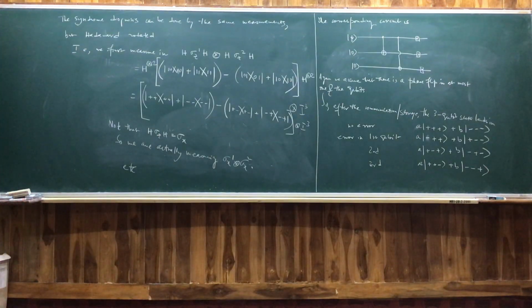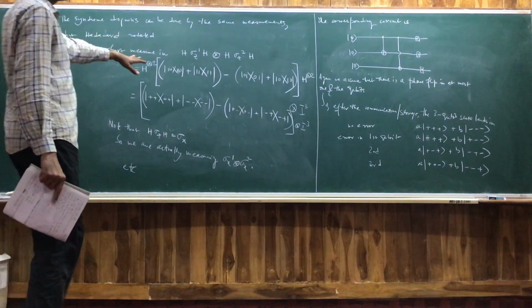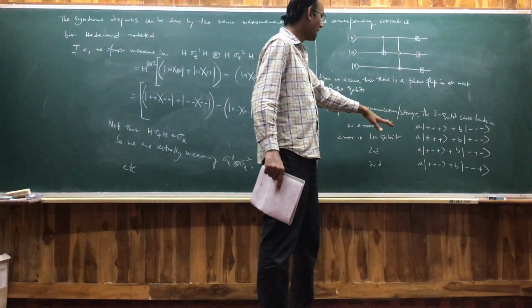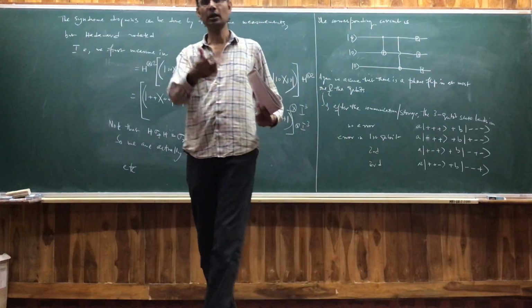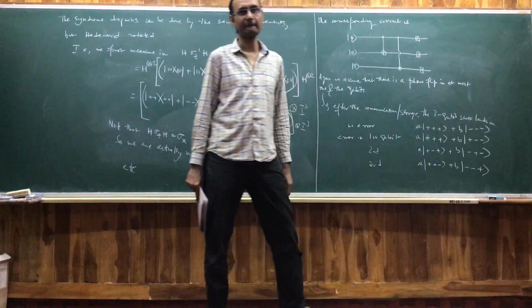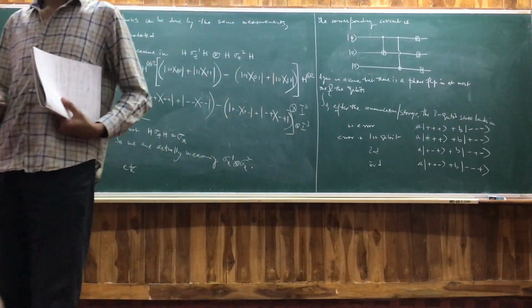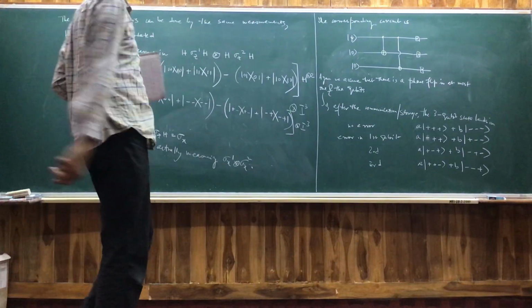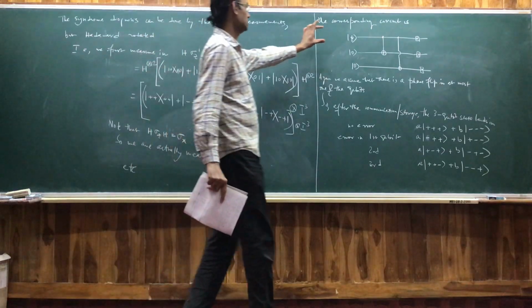Right? So with the other measurement, you will finally be able to find out which one has happened, just like in the previous case. And once you find that out, you can do the opposite of this circuit to come back here. First of all, you have to correct the error in the qubit where the error has happened, and then you apply the inverse of this circuit to bring it back to the original.